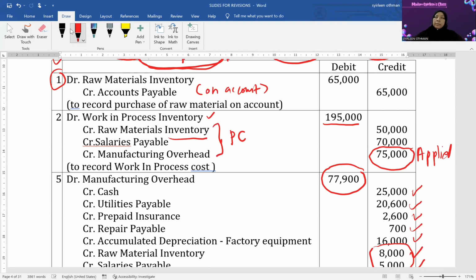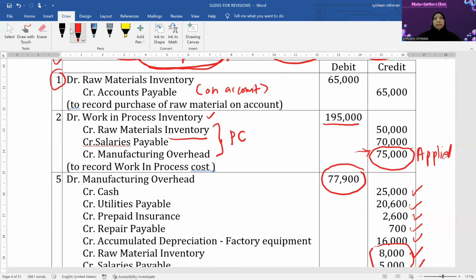Because from the beginning, I only applied 75,000, whereas the actual MOH is 77,900. So that means this is under applied. So you need to add up later to adjust the amount. So that will be 2,900 ringgit worth of under applied manufacturing overhead.